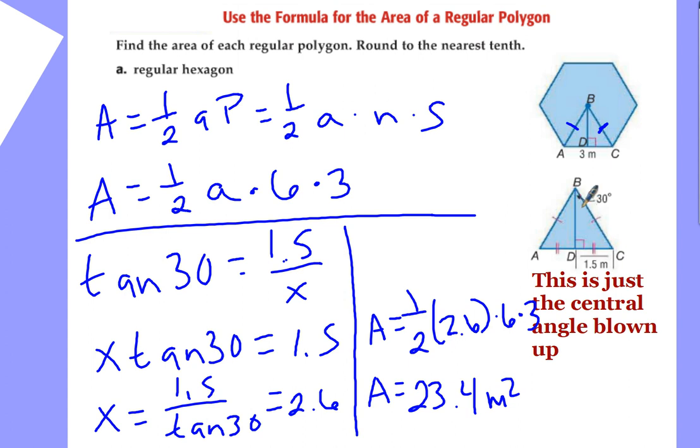If this is 30 degrees, that means this one is 60 degrees of my right triangle that is created. So I took the tangent of 30 degrees, opposite over adjacent, and found the length of my apothem. I used that 1.5 divided by tangent of 30 to find 2.6. Then I substituted it right back in to get 23.4.